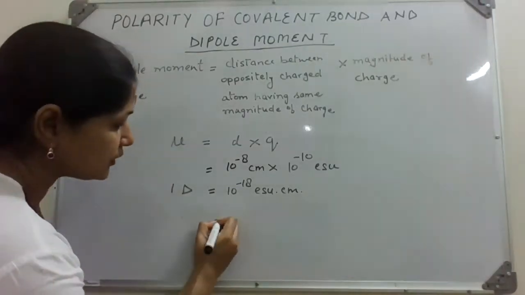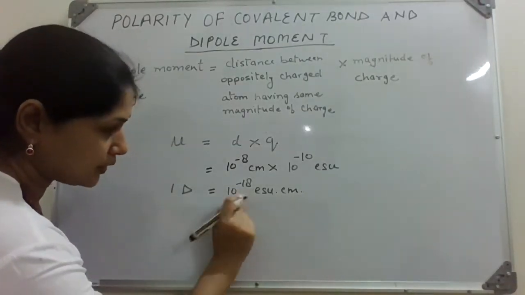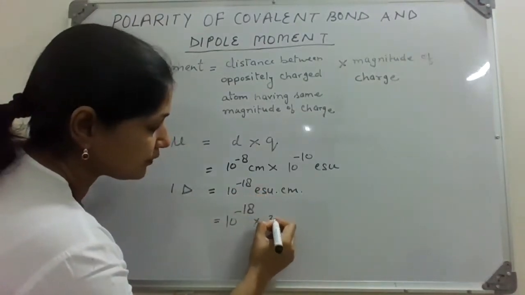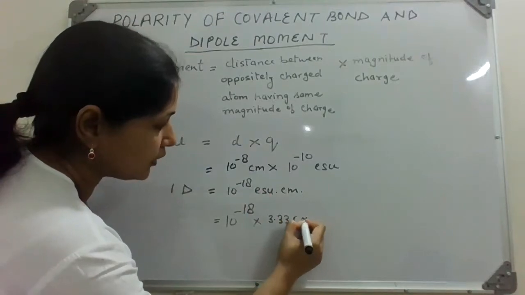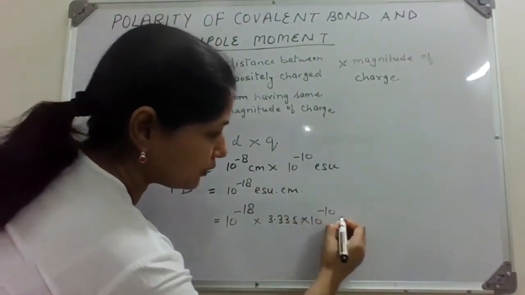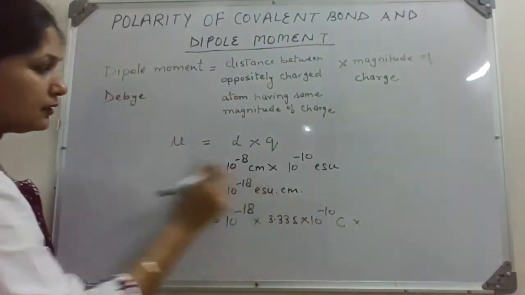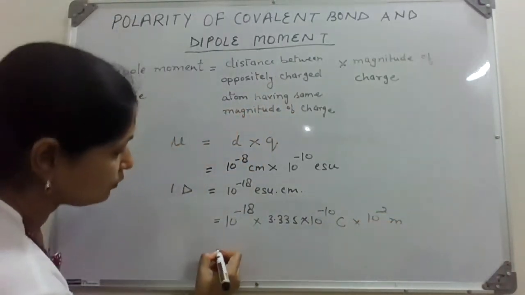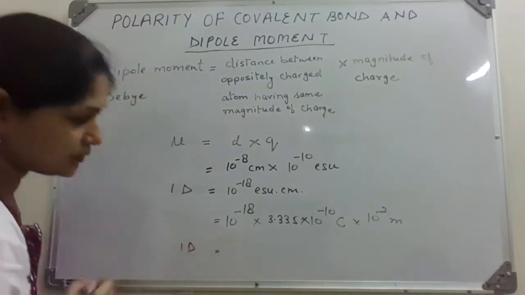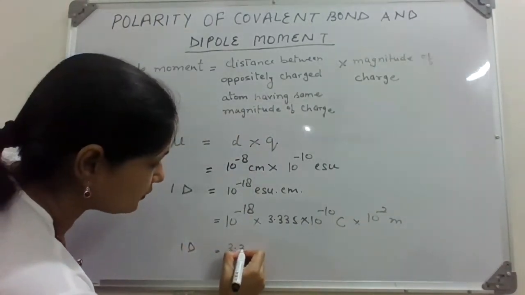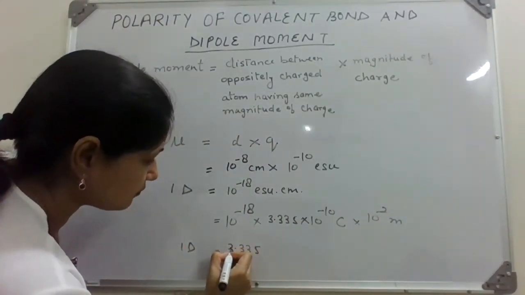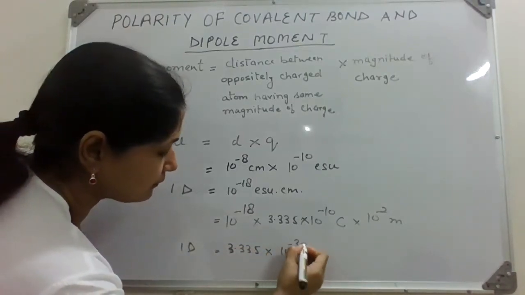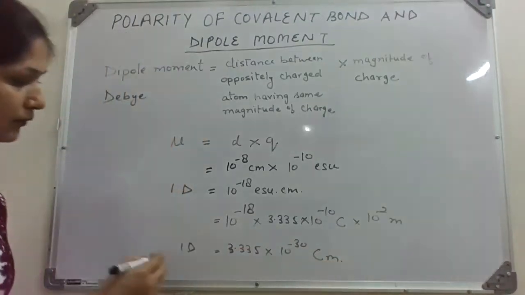So 1 ESU is equal to 3.335 into 10 to the power minus 10 coulomb, and 1 centimeter is equal to 10 to the power minus 2 meter. So we can say 1 debye is equal to 3.335 into 10 to the power minus 30 coulomb meter. This is the value.